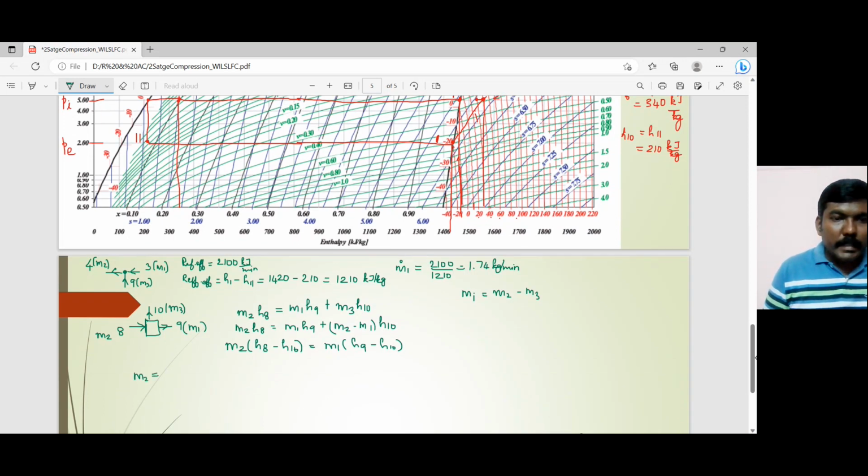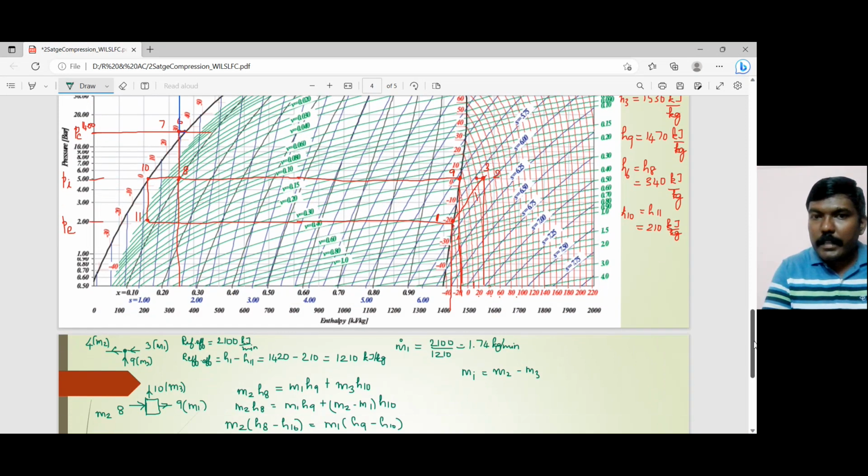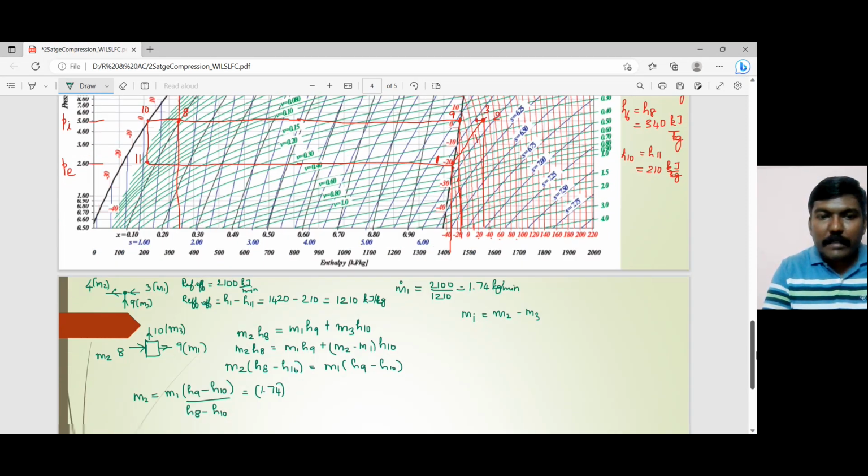So M2 is M1 times H9 minus H10 divided by H8 minus H10. M1 is 1.74 kilograms per minute, and then H9 is what we found as 340. No, H9 is much lower. H9 is higher, 1470.